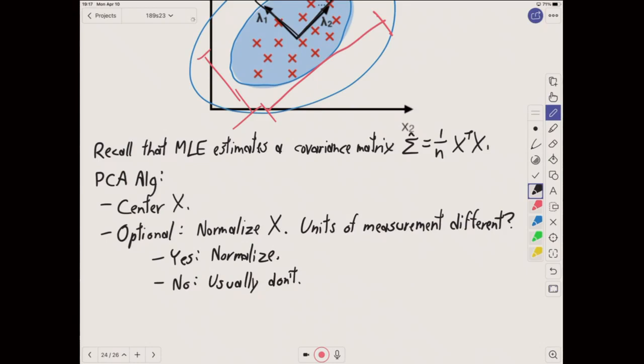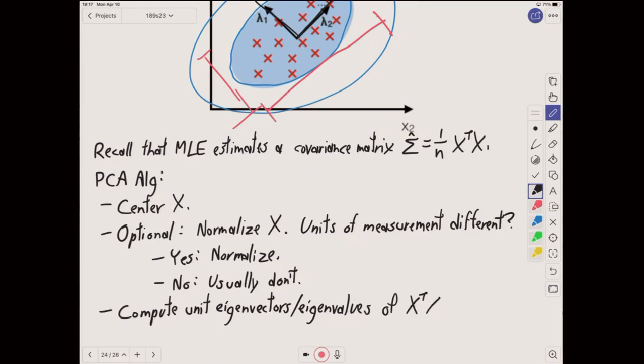But again, you have to understand your application ultimately before you make this decision. The next step, whether you normalize or not, is that we're going to compute all of the unit eigenvectors and corresponding eigenvalues of X transpose X.